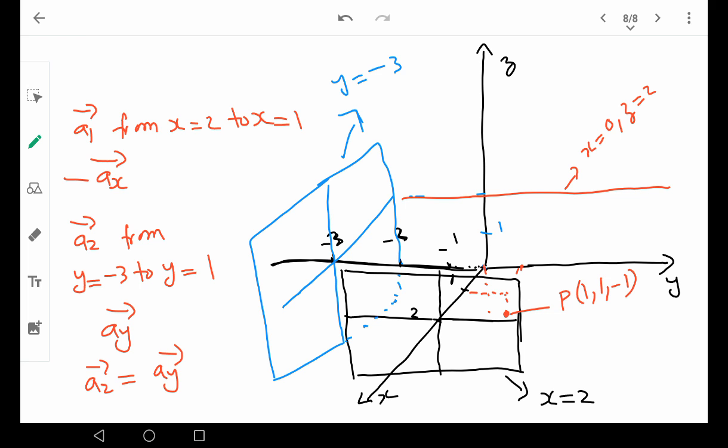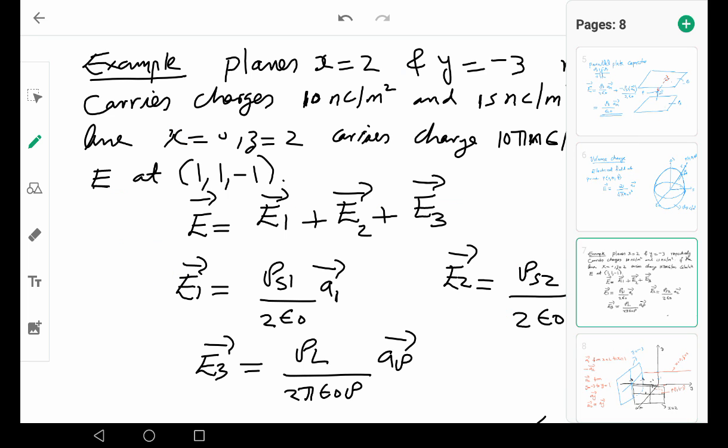Now what we will see, what is the E1 and E2 now you can calculate. It's simple. E1 is rho S1 by 2 epsilon 0 a1, right? So this is rho S1 by 2 epsilon 0.